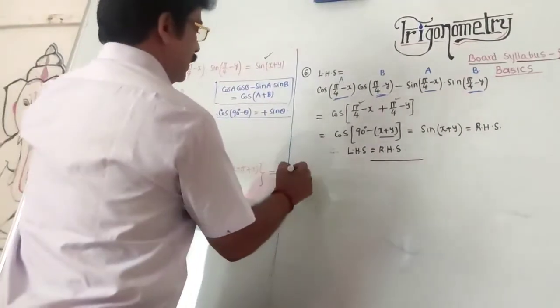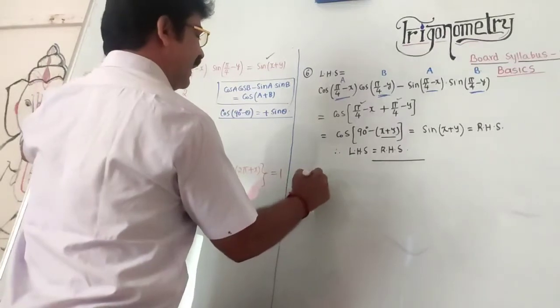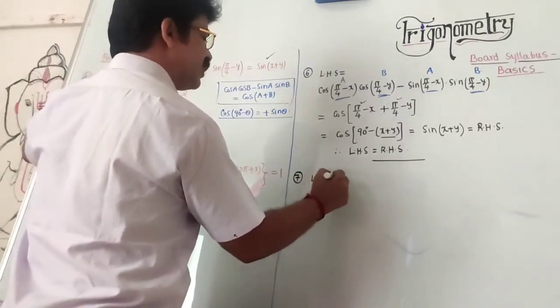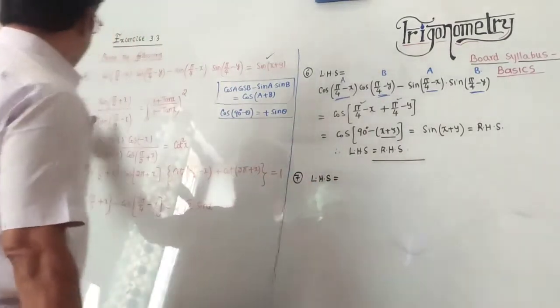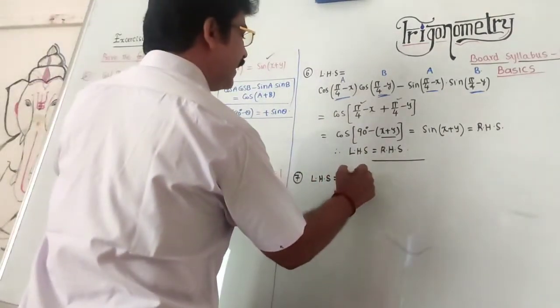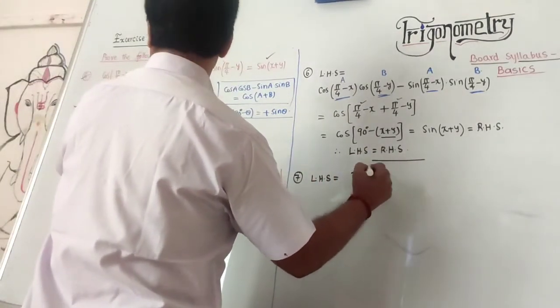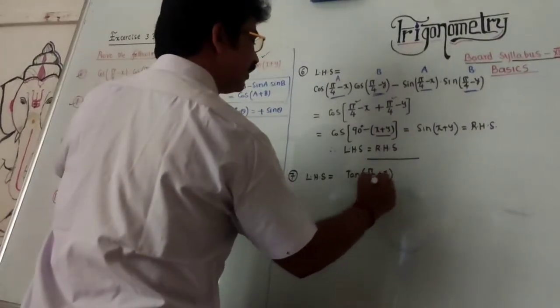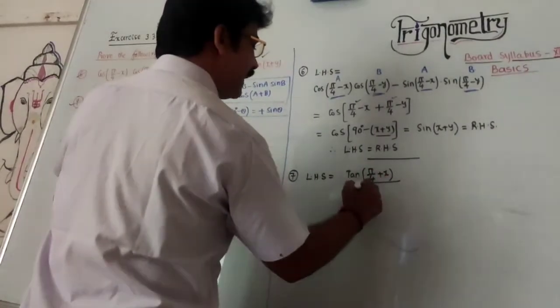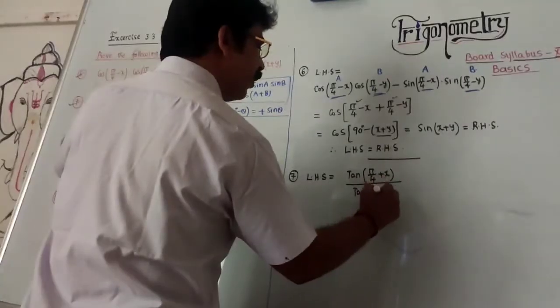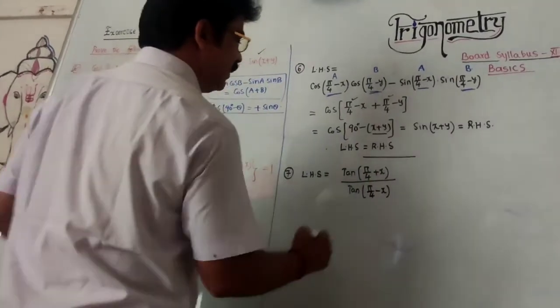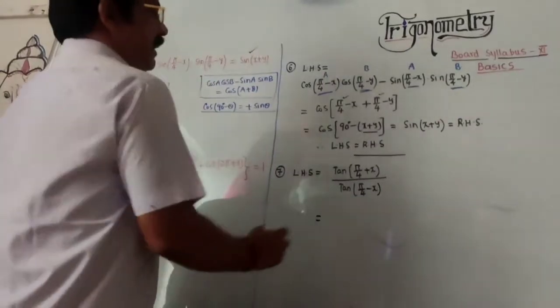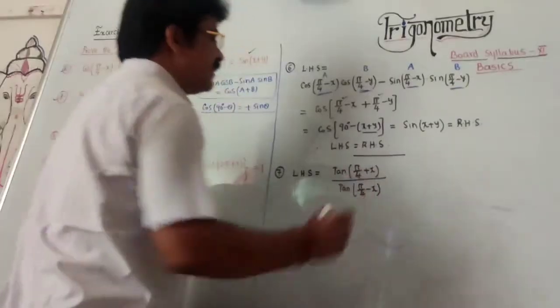Here, question number 7. Again, LHS, left hand side, is tan(pi/4 + x) divided by tan(pi/4 - x). Actually, it is the tan(A + B) formula.